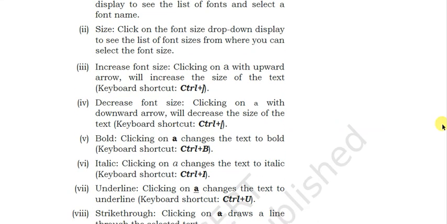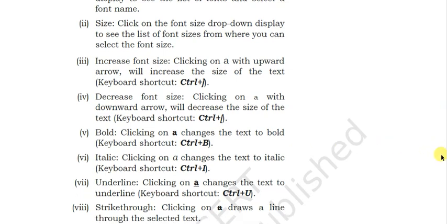If you want to change the font size, you first have to select that particular text you want to change, and then you have a shortcut key Control plus closing square bracket. And the shortcut key for decreasing is Control plus opening square bracket. Other keys you already know, Control B, Control I, Control U.